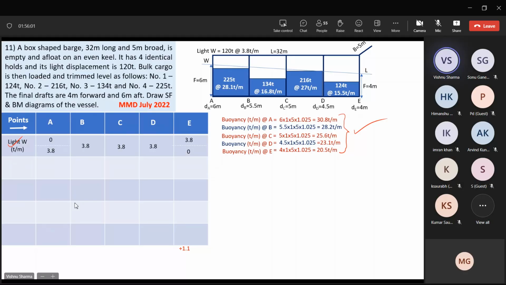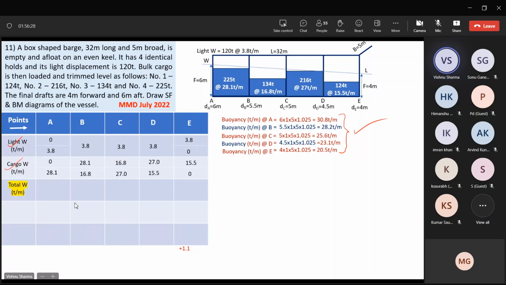Then the cargo is also not an issue. You have already dealt with it. All the points will be divided into 2 parts. So 0, 28.1. All these you can look at in the diagram. The diagram is able to help you in filling up these cells. No change as far as what we learned yesterday about these 2 columns, 2 rows.